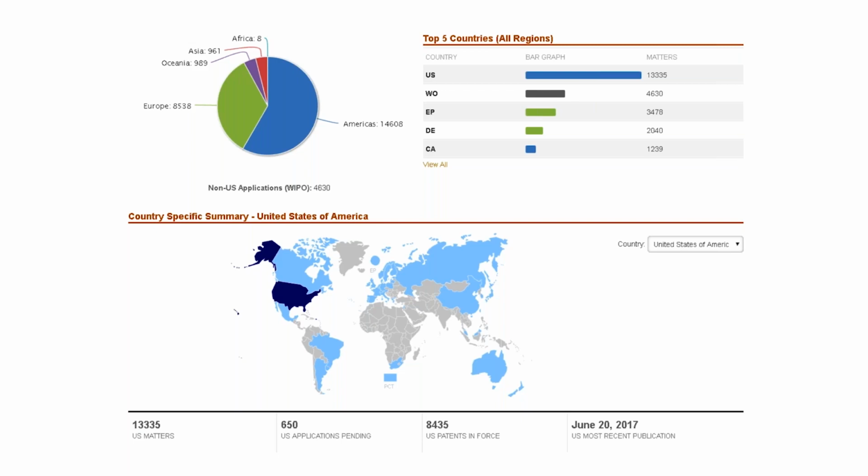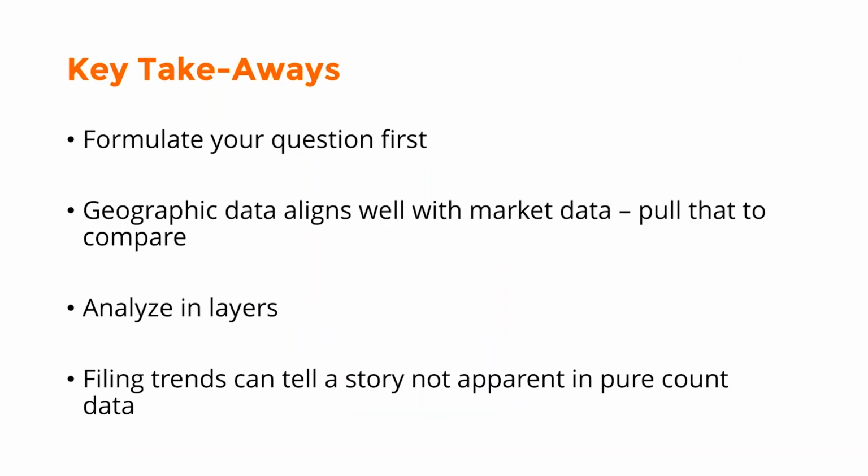But I think the geographic analysis is honestly some of the hardest analysis to do in patent analytics, because it appears impossibly simplistic. But you don't come away with a true story unless you put some serious thought into your questions and some serious thought into the outcomes that you're trying to generate for your business people.